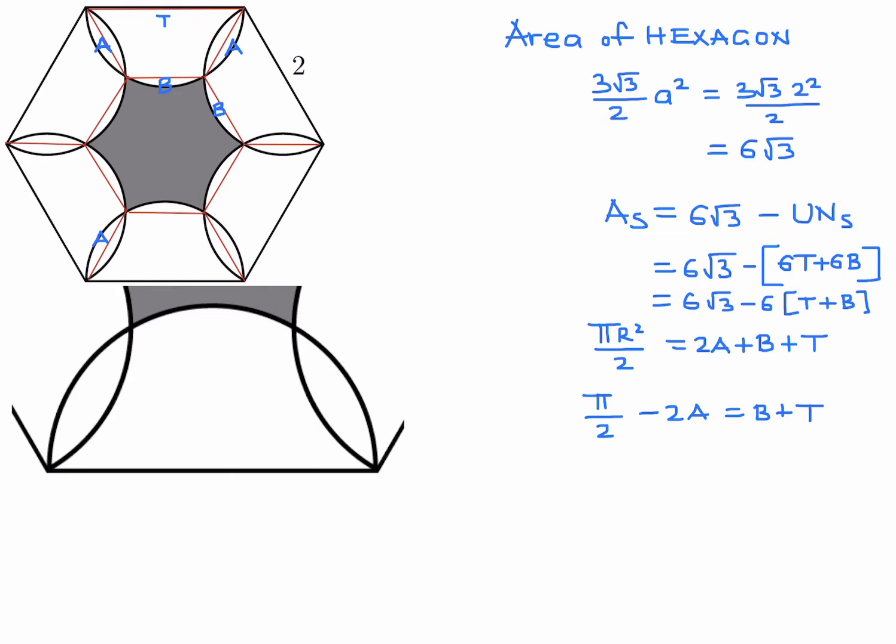I wanted to blow this up a little bit. I basically just took this semicircle and blew it up because I think I might need a larger diagram. Okay, so again, let's put in our a and figure out what a is. So this is a right here. How do I figure out a? That takes a little bit of thinking. This is a very symmetric diagram, and that's helpful.